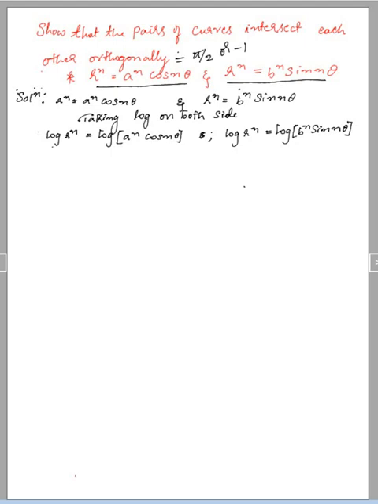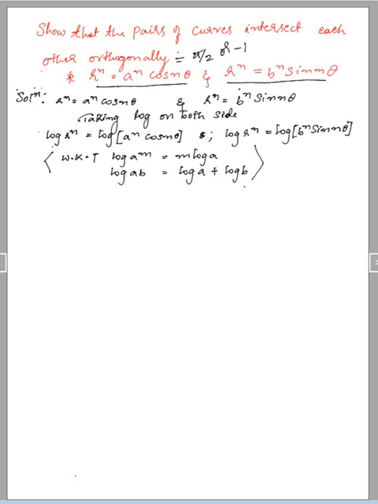So now you should know the laws of logarithm, at least the minimum laws. Here we know that log of a power m is given by m log a. Similarly, log ab is nothing but log a plus log b. Knowing these two laws of logarithm, I am going to apply them here.